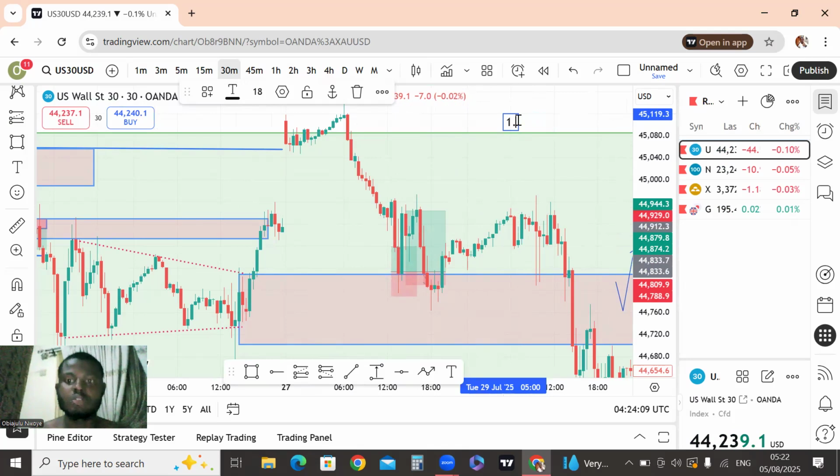So my trading plan, guys: first one is top-down analysis. Then two, of course, mitigation. Then three, I'll check for order flow.